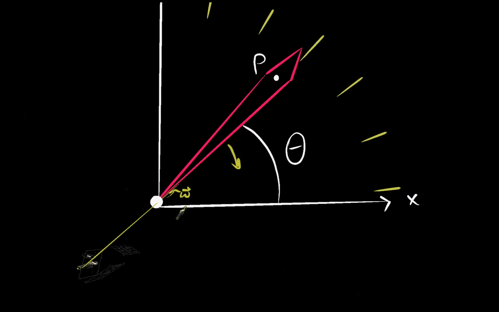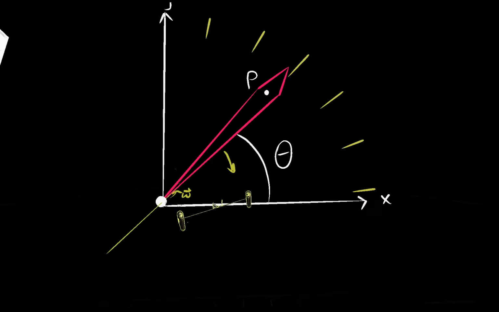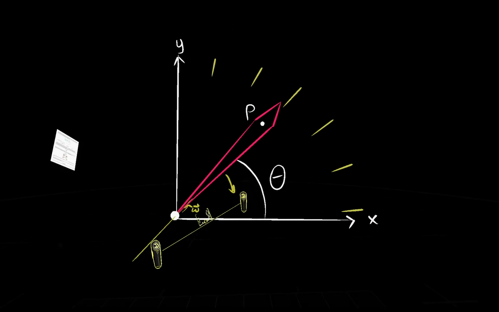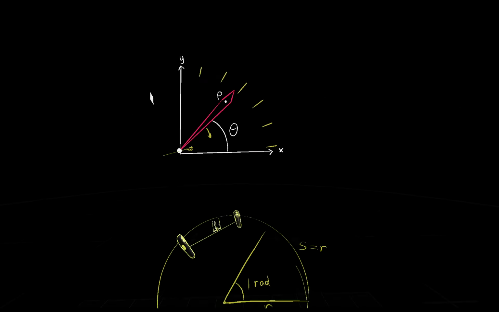Not sure if you can tell exactly, but I've drawn an arrow there. Maybe you can, maybe you can't. Yeah, so it's along the z-axis because this was the xy plane. Maybe that helps.